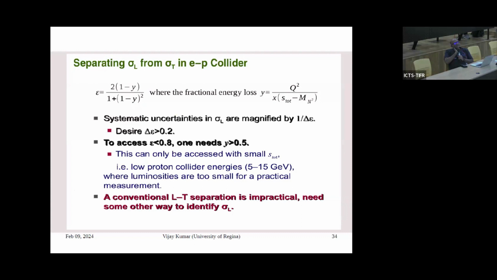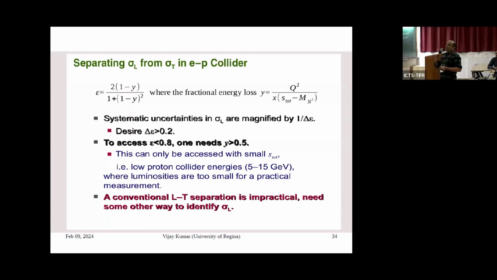Yeah, so for LT separation, this is data that we can get for one epsilon, which is a higher epsilon. For LT separation, we need at least 2 epsilons. In this case, we cannot get a lower epsilon. They are actually a constraint from this EIC machine.